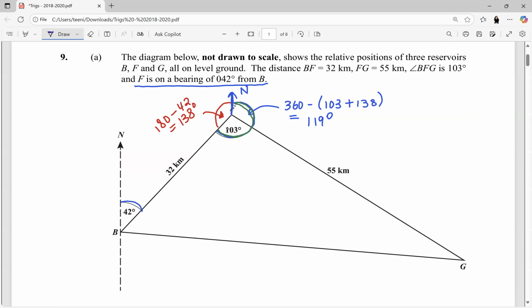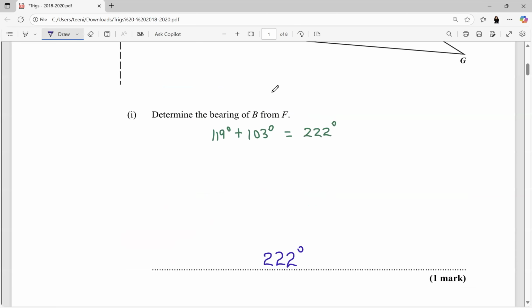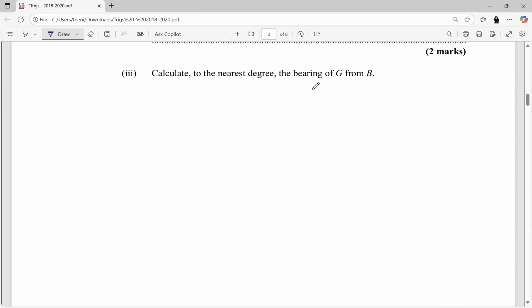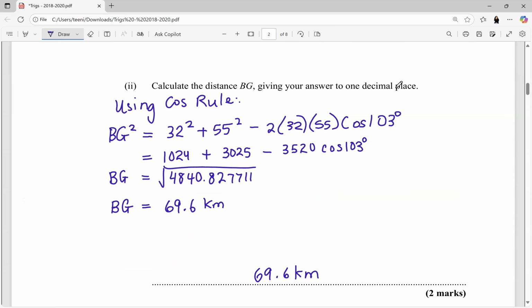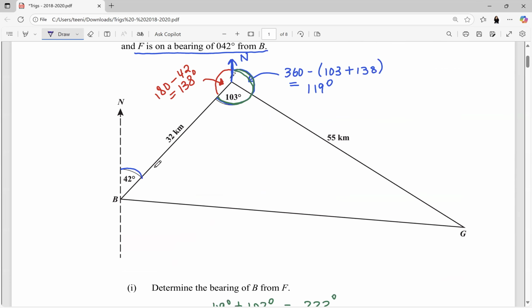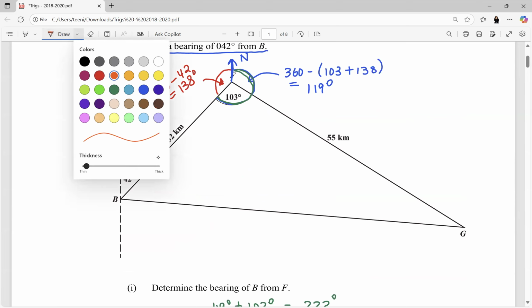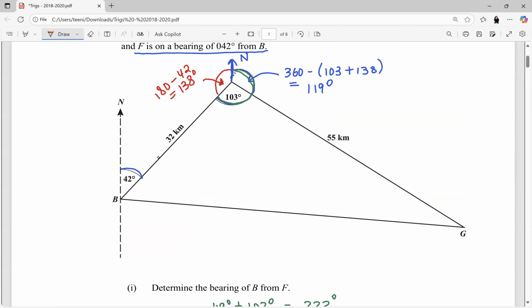All right, good. So let's look at the next part of the question, which is calculate to the nearest degree the bearing of G from B. From B means you're starting at B, and you want the bearing of G from B. So the bearing of G from B would be the angle between the north line at B and the line that connects B to G, so the line BG.